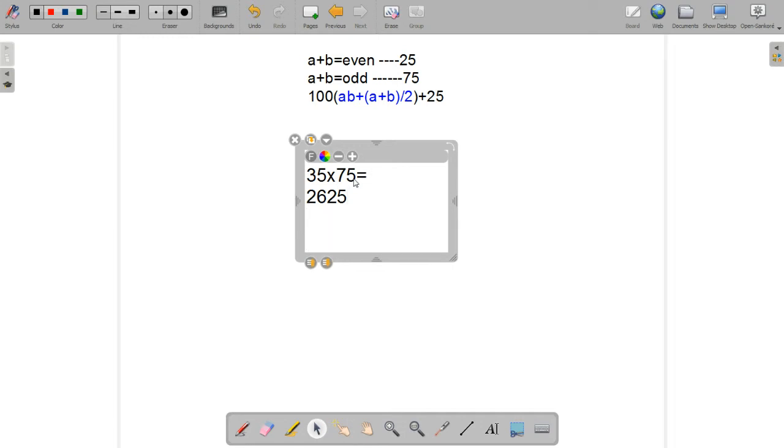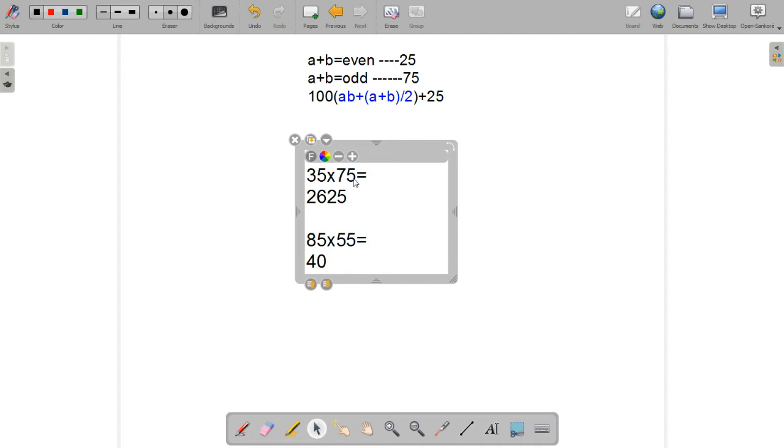Now let's do another example. 85 times 25. Okay, now let's use 55. Okay, so now what's A times B? Well, that's just 40. What's A plus B divided by 2?